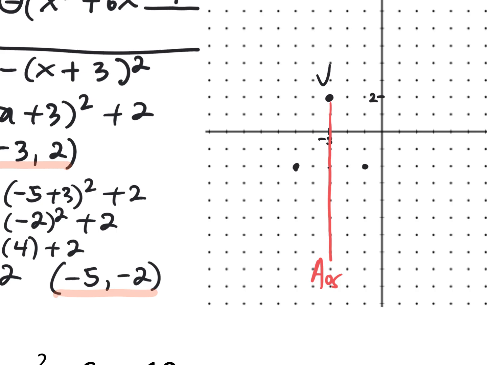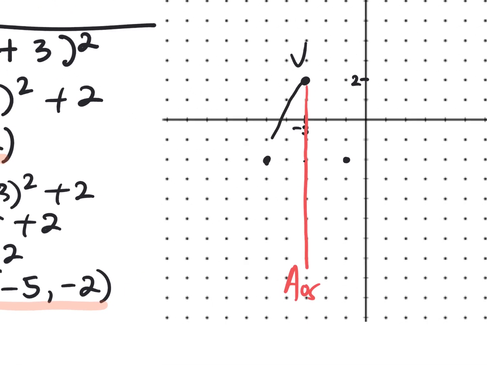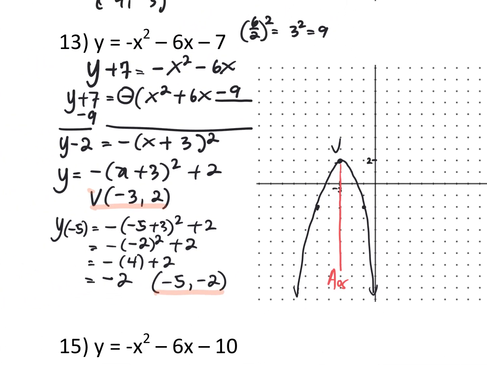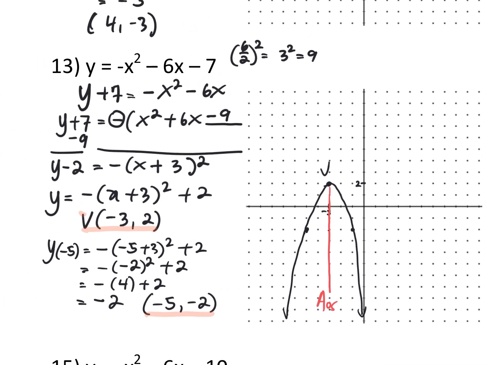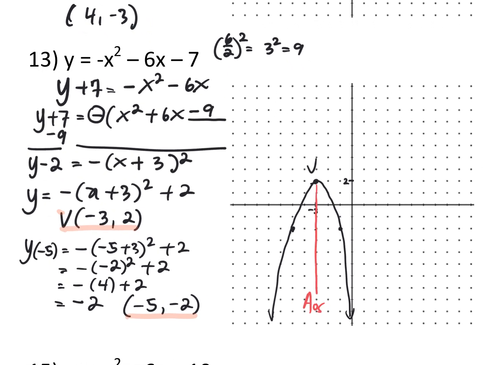Okay, now I have already the points. I will just connect them, and that's it. Oops. Okay, and then it's going to go this way. Okay, so this is how you're going to answer these kinds of questions.